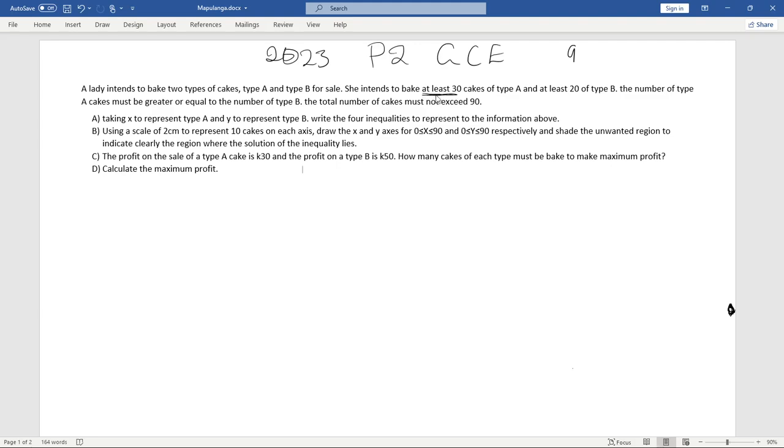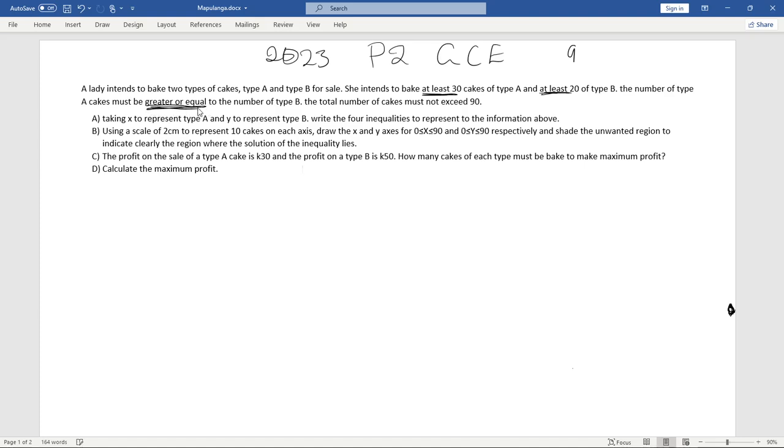Underline it, then we'll come back to it. At least 30 cakes of type A, and again at least 20 of type B. The number of cakes of type A must be greater or equal to the number of type B. We'll come back to the greater or equal to.